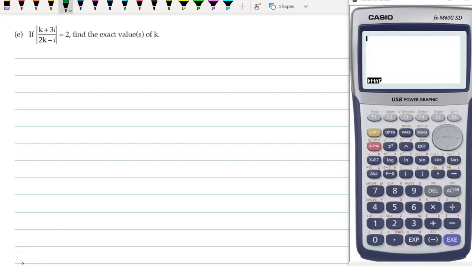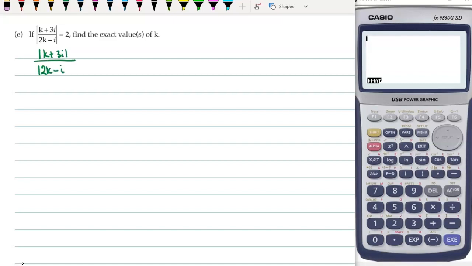Right, for part E, we've got the modulus of this expression is equal to 2. So first we can say that the modulus can be separated into the top and the bottom of the fraction like this. Now if we take the modulus of the top, we've got the square root of the real part plus the imaginary coefficient. It's all squared, each of them squared, added together.